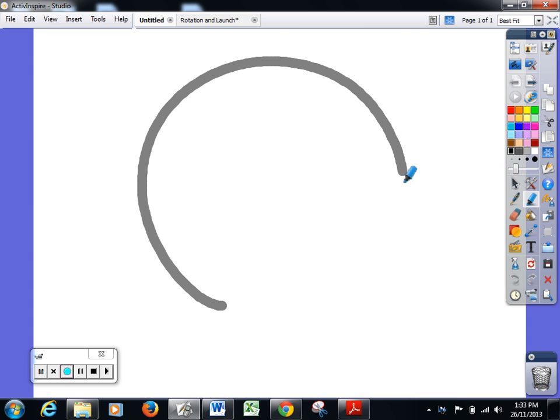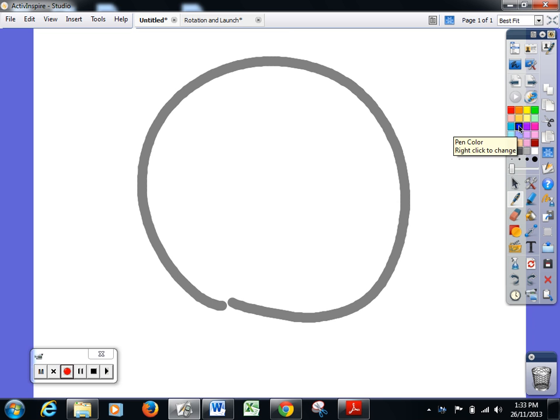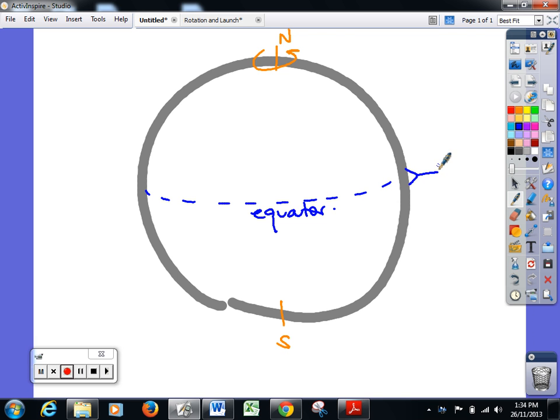Here is the Earth. And we'll put firstly the poles on the Earth. So here's the North Pole up here, and then the South Pole down here. And we'll just say we rotate like that. Let's put the equator on here, and let's have me standing here on the equator. Let's put somebody else up here on the Arctic Circle. I'll have him standing up there.